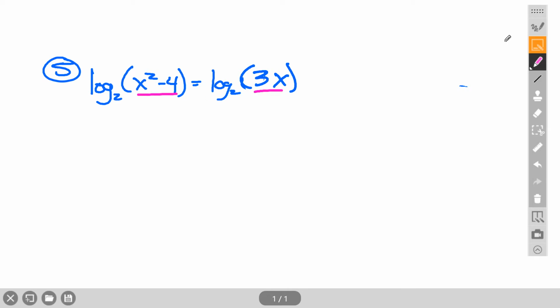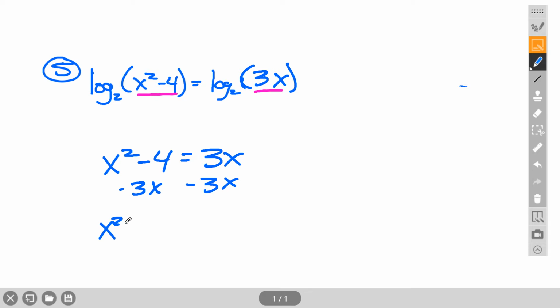So x squared minus 4 and 3x must be equal. So we say x squared minus 4 equals 3x. And then we solve this. So we move the 3x over here. So we got x squared minus 3x minus 4 equals 0. And this is a quadratic, so we need to solve it like we would a quadratic, okay?